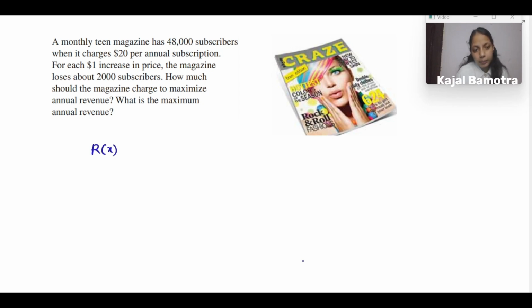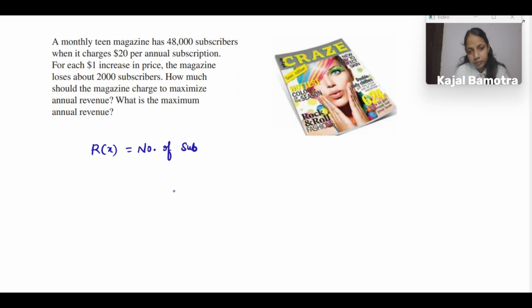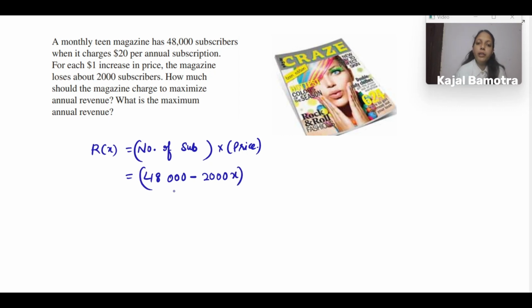Revenue depends upon the number of subscribers multiplied by price. There were a total of 48,000 subscribers and a loss of 2,000 subscribers for each $1 increase. Suppose they increase x dollars, so this much subscriber loss.